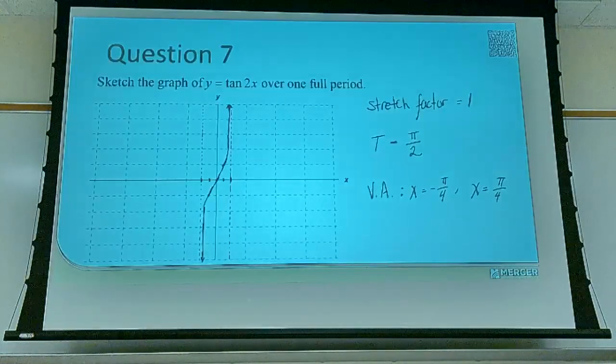Again, be careful that through the origin you don't make it horizontal. Try and keep it similar to y equals x. Now it kind of looks like tangent of 2x.